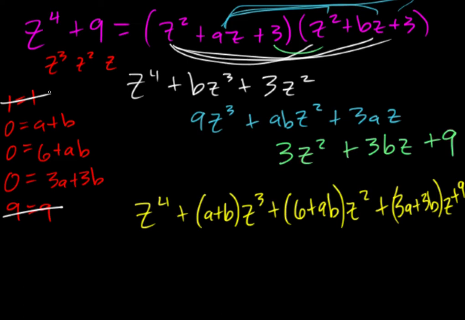So not helpful, not helpful, but we could use the first equation, subtract b, and so that we know a is equal to negative b. So I'm going to replace down here 6 plus negative b times b. And let me get rid of some of this stuff so we have more room.